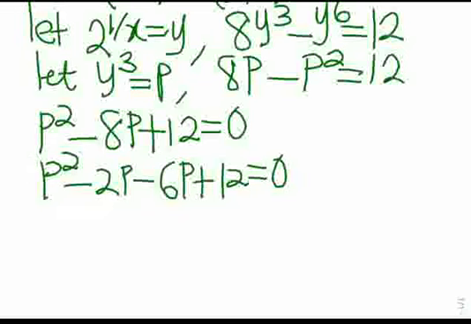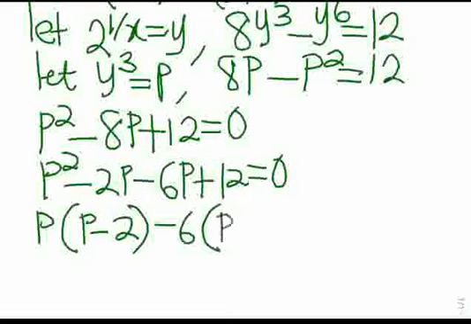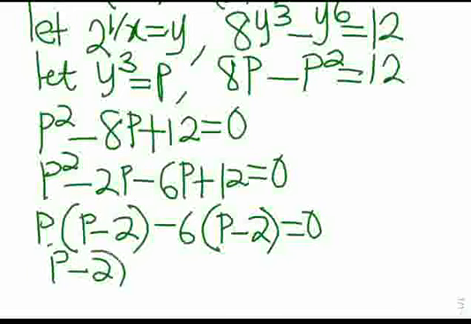Factorizing the first part, that is going to be p into p minus 2, minus, our HCF here is 6, also into p minus 2 equals 0. So from here, p minus 2 times p minus 6 will be equal to 0.